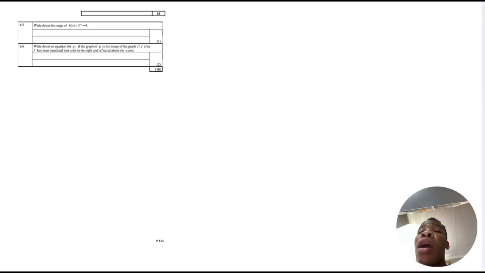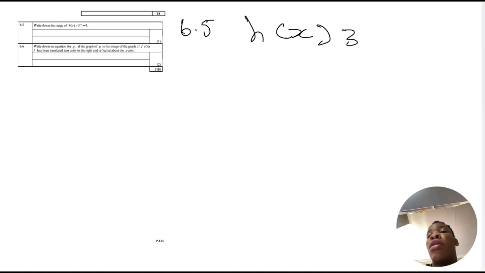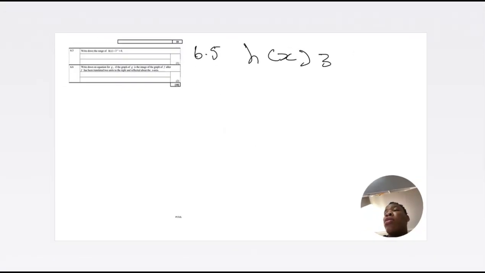6.5, write down the range of 3 to the power of x minus 4. So range, remember, it must be in terms of y. So we will say our range for 6.5, we are given h of x equals 3 to the power minus x minus 4.